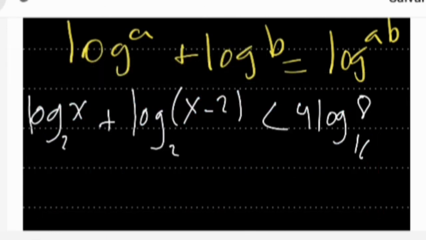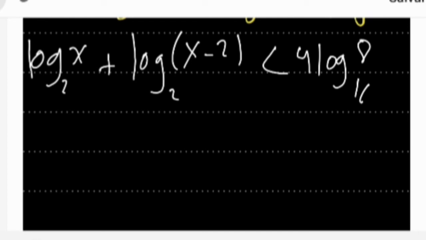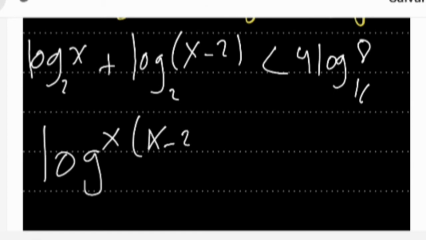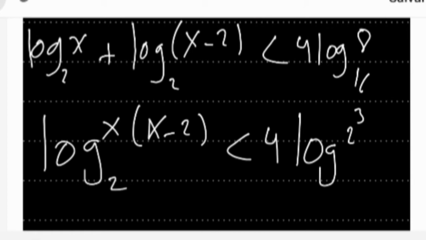We already made the review, so let's start solving. Both of them are in base 2, so we'll have log of x multiplied by x minus 2, in base 2, must be smaller than... Now we are going to take it step by step. 8 is 2 cubed, and 16 is 2 to the 4th.